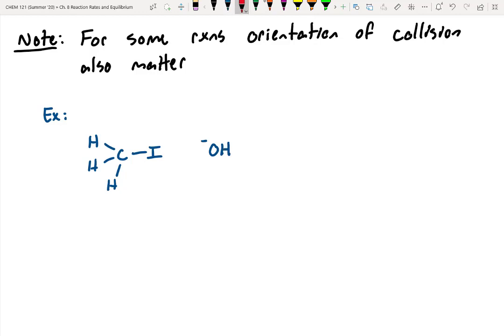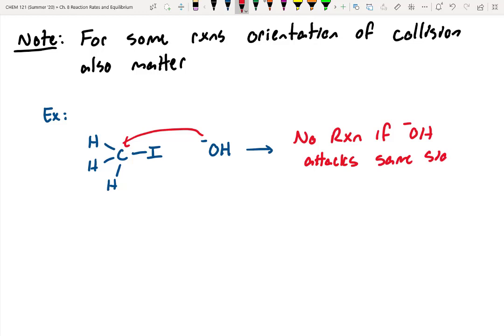Well, if hydroxide tries to react here, nothing's going to happen because it's attacking from the wrong side. So let's just write this down. We'd say no reaction if OH minus attacks the same side as iodine.